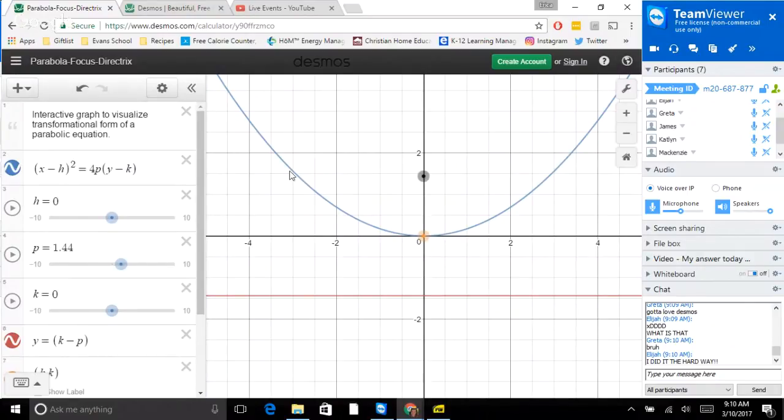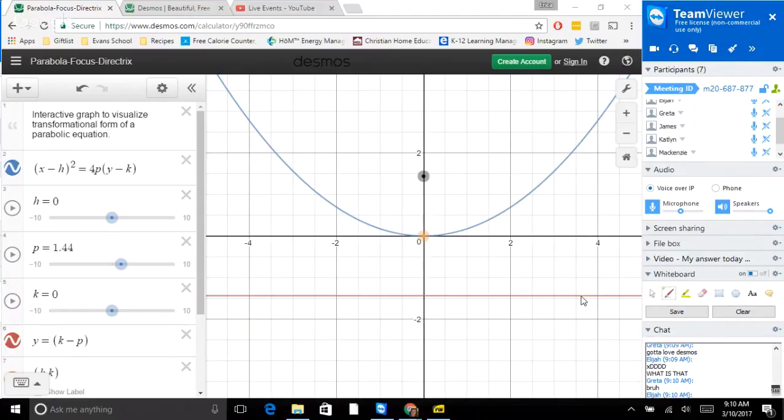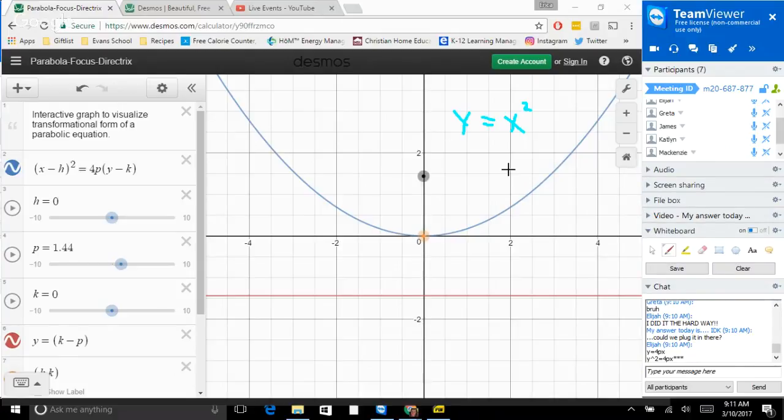Remember, a parabola is a bowl shape like this, right? The very, very simple formula for a parabola is y equals x squared, right?